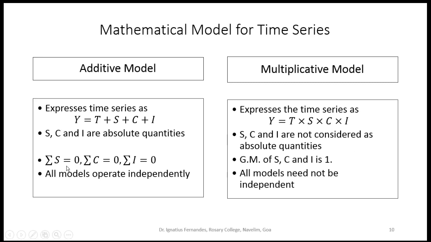So the sum need not be equal to 0, but the geometric mean of the seasonal, cyclical, and random variations is equal to 1. And unlike the additive model, in the multiplicative model it is assumed that these components need not be independent. They need not be operating independently; they might have some relation with each other. So these are two ways of representing or modeling a time series.